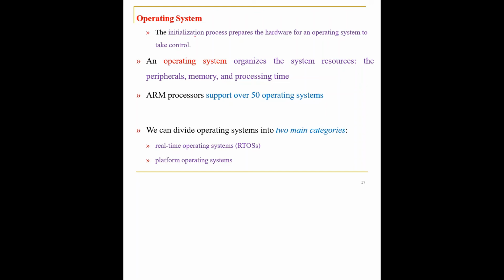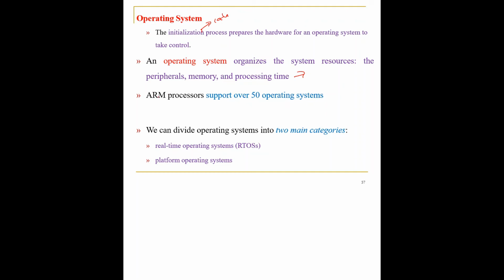This is all about what the initialization code does. An operating system recognizes the system resources: the peripherals, memory and the processing. Here it is going to provide you the necessary environment so that all the connected devices, memories and hardware devices will be working in tandem.